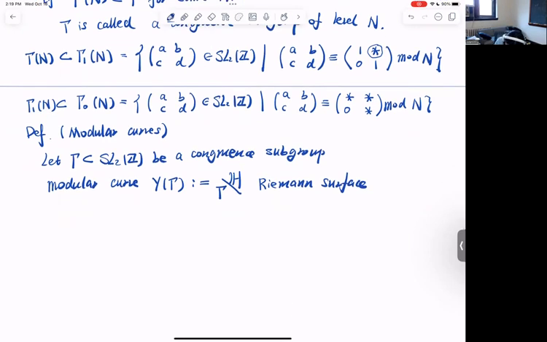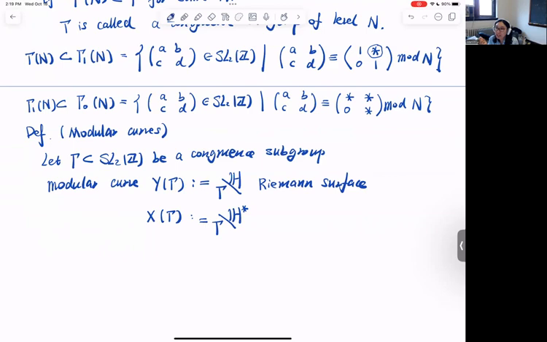We can also define the compactification X of gamma, which is simply the extended upper half plane mod out by gamma. This is one reason why, when we compactify Y01, remember Y01 is a two-sphere missing a point.